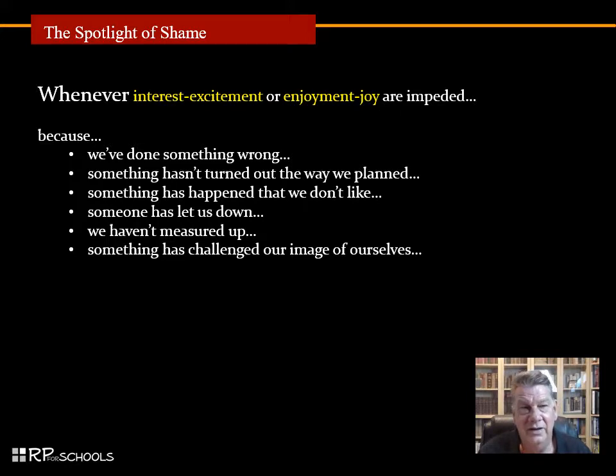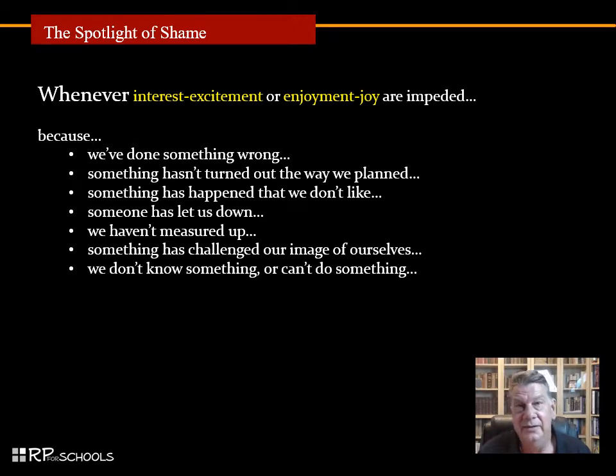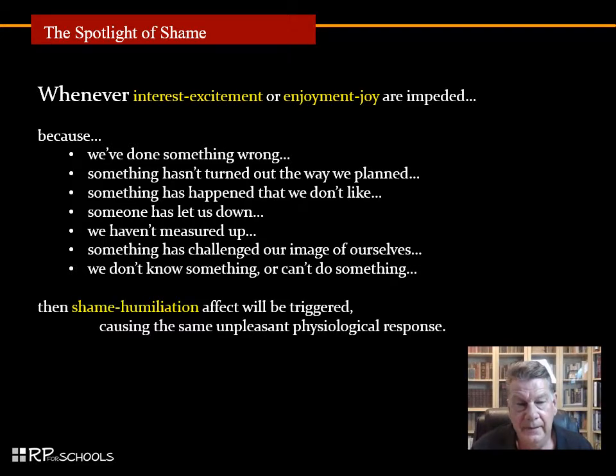Something has challenged our image of ourselves as teachers or people or husbands or wives. When we don't know something or can't do something that we think we should be able to do, then shame, humiliation, affect will be triggered. And it causes the same unpleasant physiological responses in each of us.